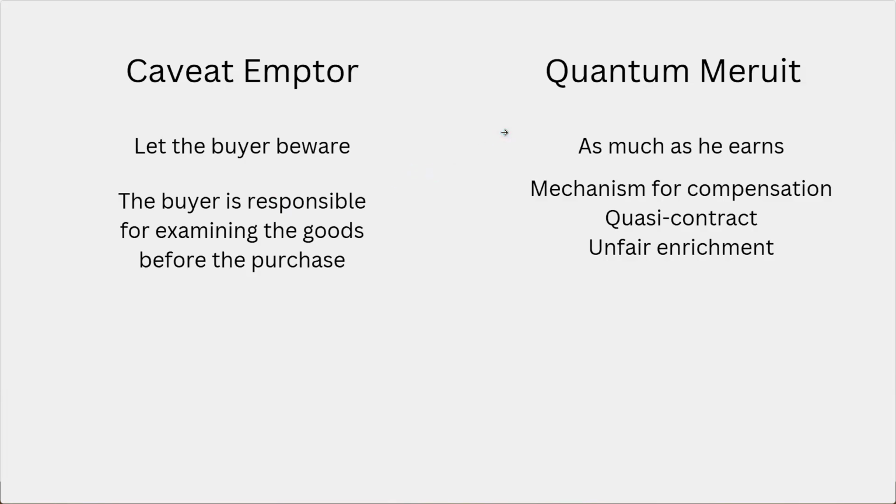Otherwise, we have the phrase quantum meruit. This phrase means as much as he earns. This is a mechanism for compensation, and it creates a kind of quasi-contract and the underlying mechanism for unjust enrichment.